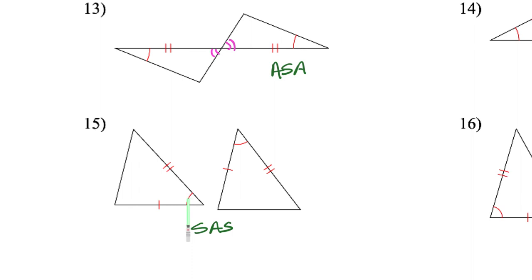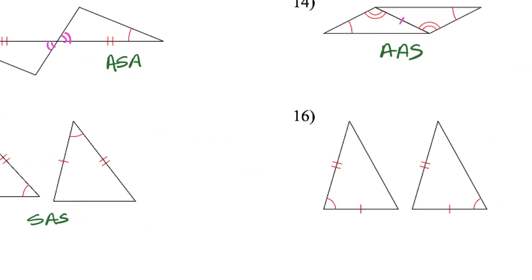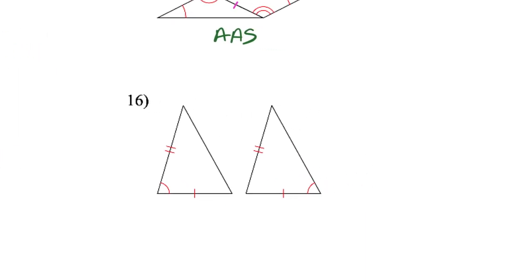It has to be only the one that is between the two. Number 16. So again, look at the sides. The left sides are congruent, the bases are congruent, and then that angle that is between them is congruent. So that means that this is side, angle, side.